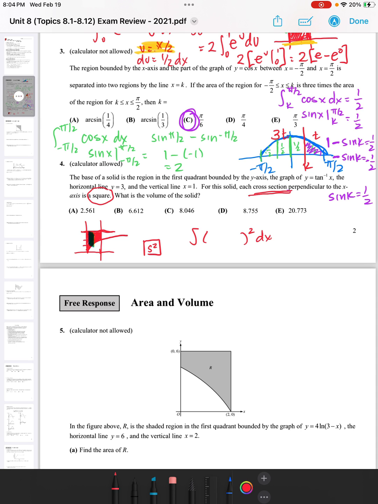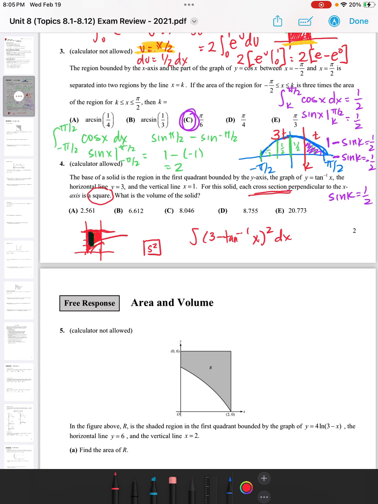So that side length is going to go from the upper function to the lower function. The upper function is 3 minus the lower function, which is the inverse tangent. We square that whole thing.